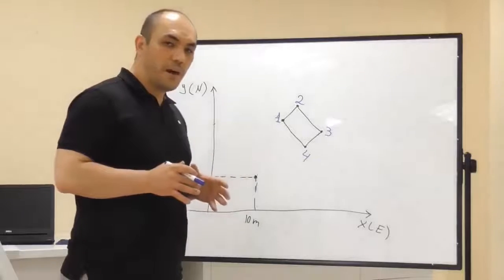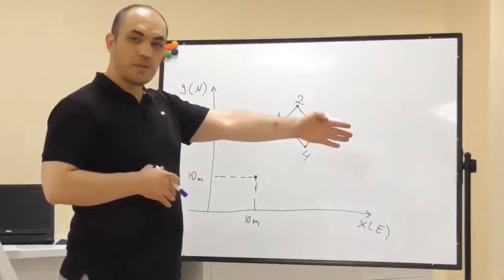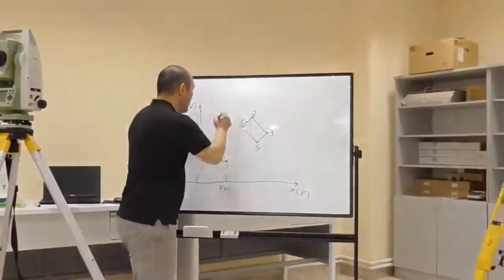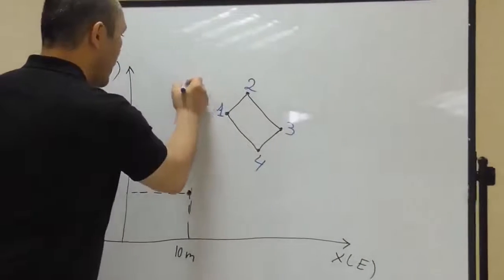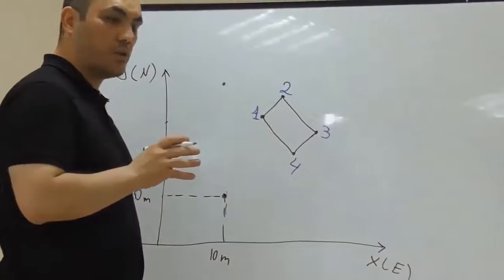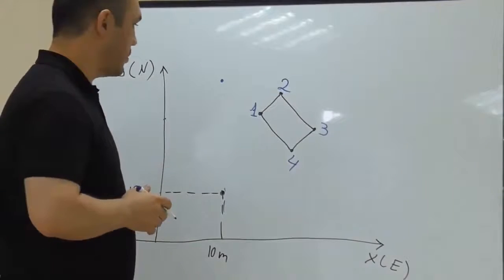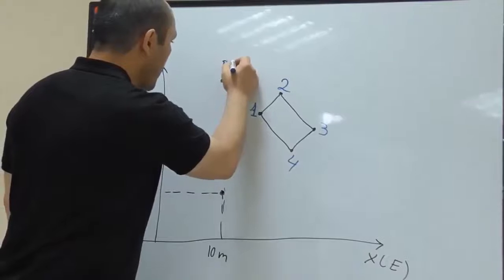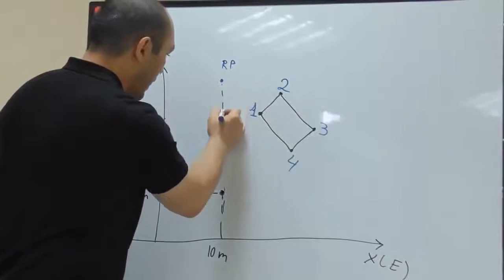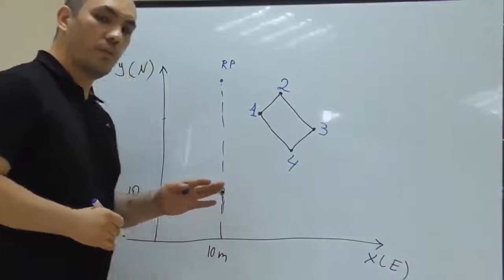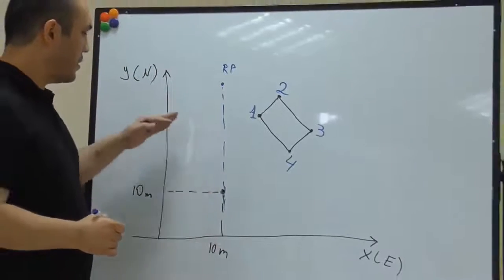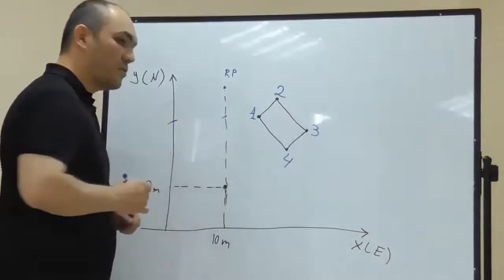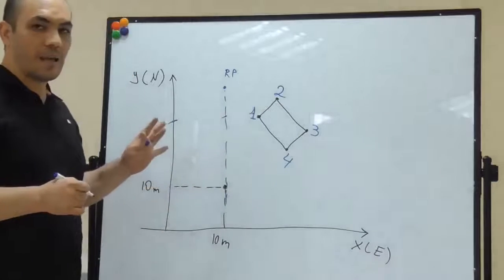Now I define my reference point or backside point on this blackboard. This is the approximate location of my reference point, and I assume that this line is parallel to the main y-axis, because this facilitates our calculations.